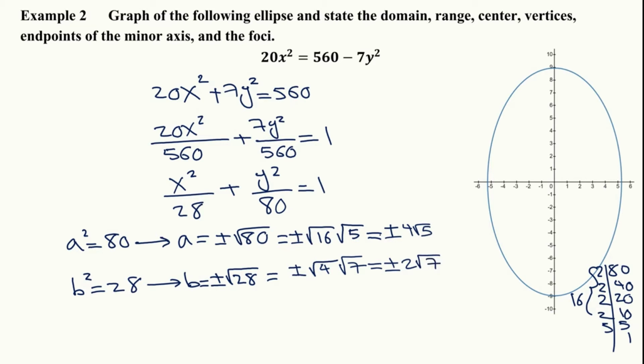Okay. So the domain, so remember this point here is going to be negative 2 radical 7. This point here is 2 radical 7. The vertices on the major axes are going to be up here.